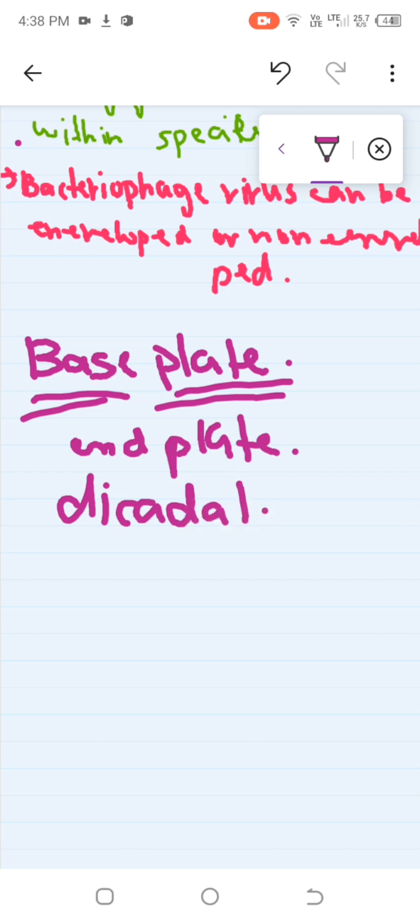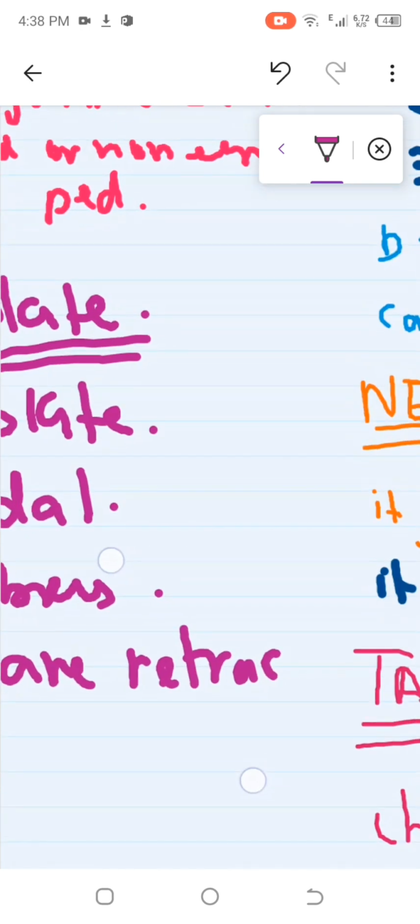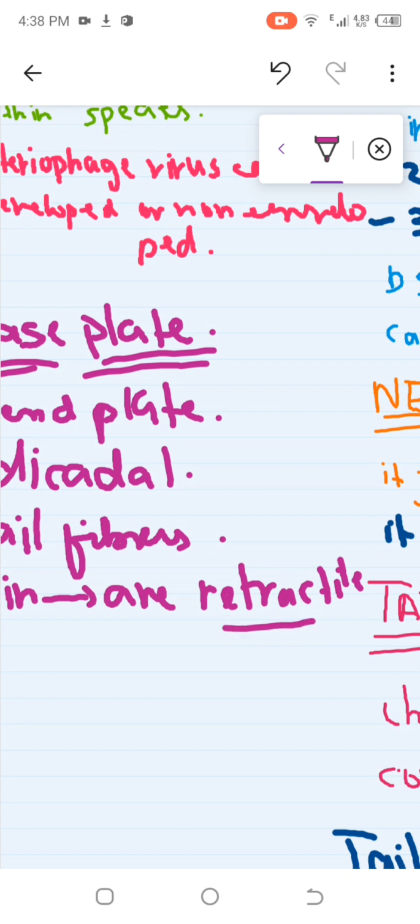The base plate is comprised of tail fibers, and here we have pins, and these pins are retractile. Now what does the word retractile mean? It means they can attach to the host receptors, and they can easily come out too.